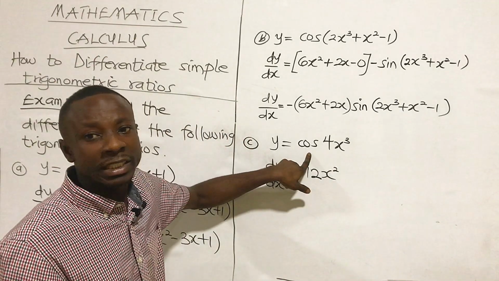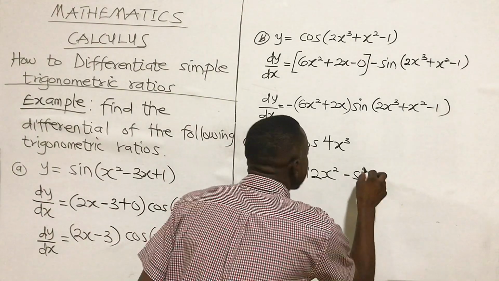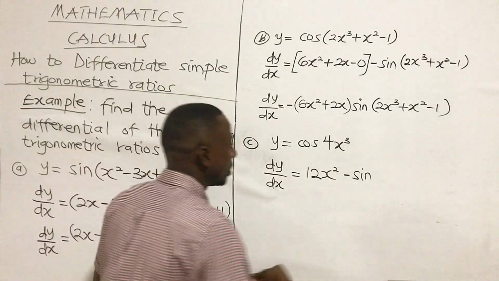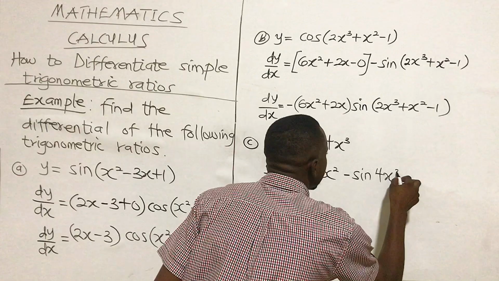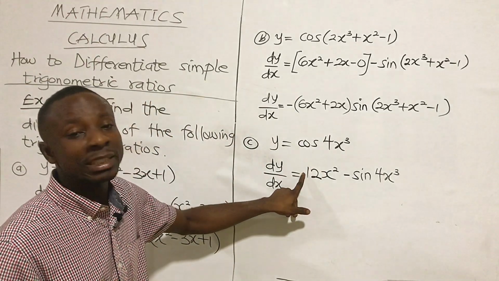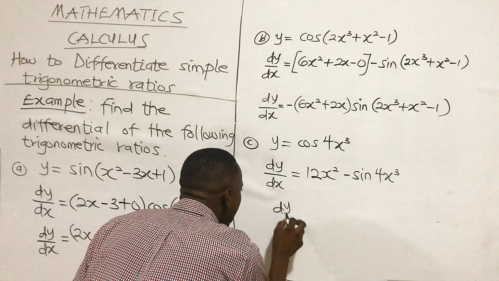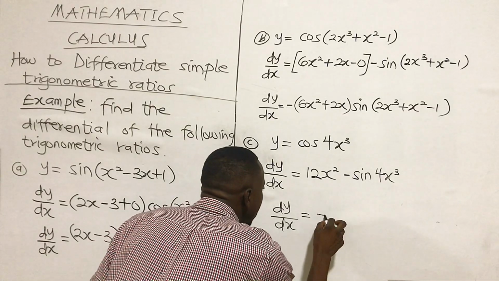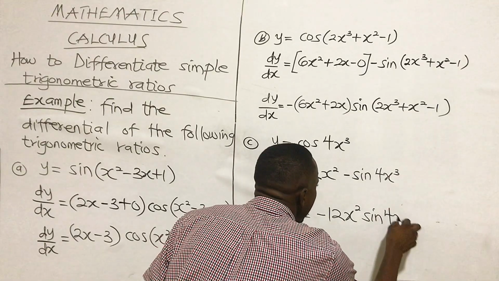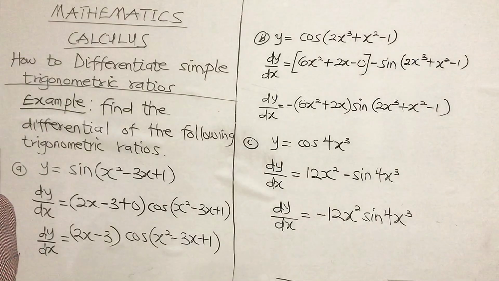Then I'll now differentiate the cos itself, which is minus sine multiplying the function. So we have 4x cubed. Now, because of the negative we have here, we are going to write it in front of the 12x squared. So we have dy over dx is equal to negative 12x squared sine 4x cubed. And this will be the final answer.